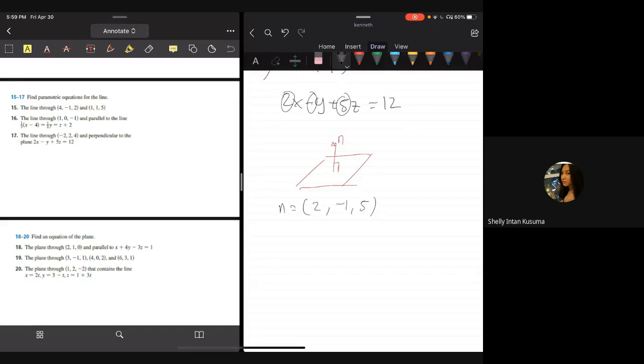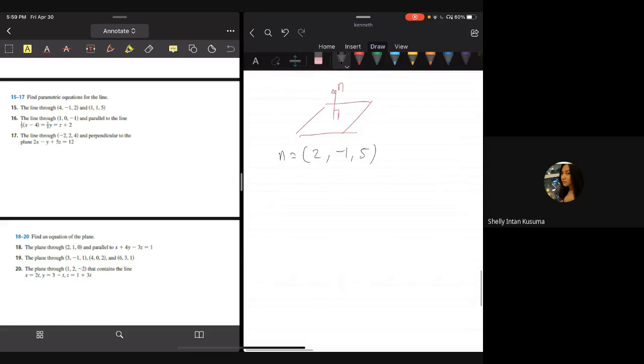Why? Because from the plane equation, you know that this is a(x minus x0), b(y minus y0), c(z minus z0) equal to 0. So the constant for each variable is the normal vector here.